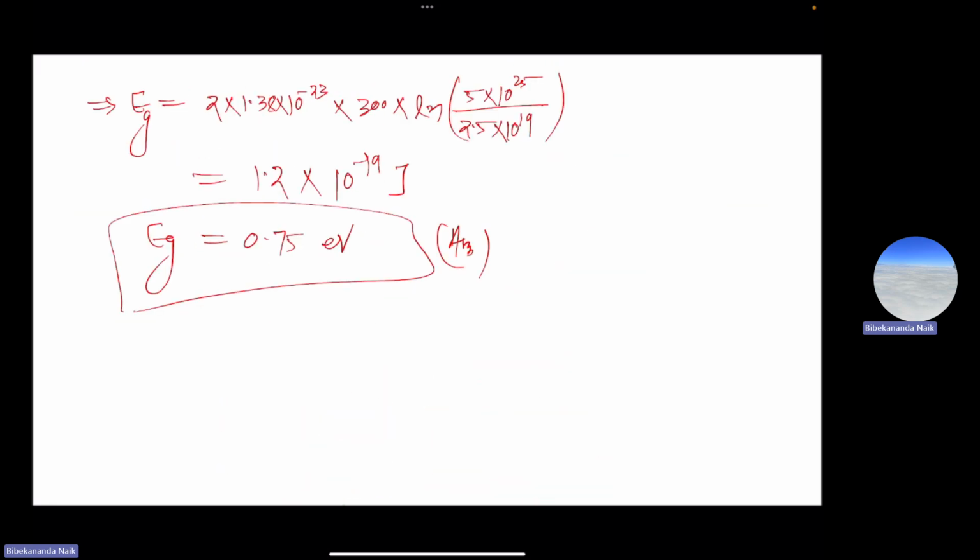Now we'll move to the next question. The question says, indium phosphide has an energy gap of 1.29 electron volt. The electron and hole mobilities for this semiconducting compound are 0.46 and 0.015 meter square per volt second respectively at 300 Kelvin. Calculate its conductivity at 300 Kelvin. Consider that at 300 Kelvin, the effective density of states in the conduction band is 4.4 into 10 to the power 25 per meter cube.